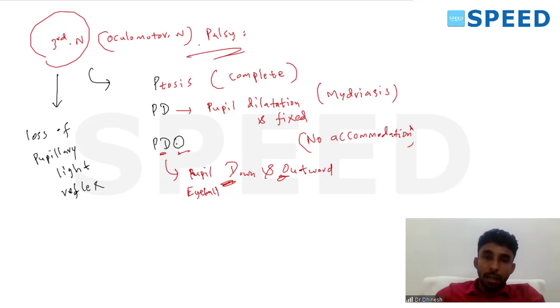Fine. And one more thing: what will be the clinical features of hypoglossal nerve palsy, hypoglossal nerve injury? 12th nerve, hypoglossal nerve. Yes. In hypoglossal nerve injury, there will be paralysis of one muscle of the tongue, namely genioglossus.